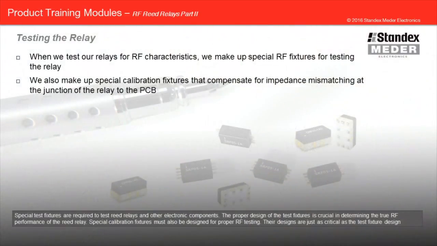Special test fixtures are required to test reed relays and other electronic components. The proper design of the test fixtures is crucial in determining the true RF performance of the reed relay. Special calibration fixtures must also be designed for proper RF testing. Their designs are just as critical as the test fixture design.